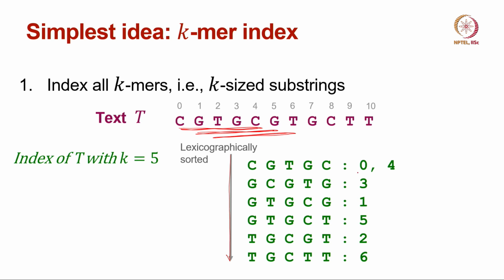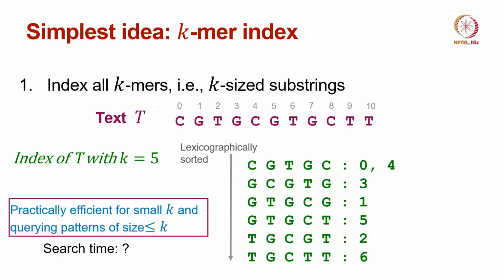For each substring I am going to keep track of the positions at which those substrings or k-mers occur. So, for example, the k-mer CGTGC occurs at position 0 and position 4.